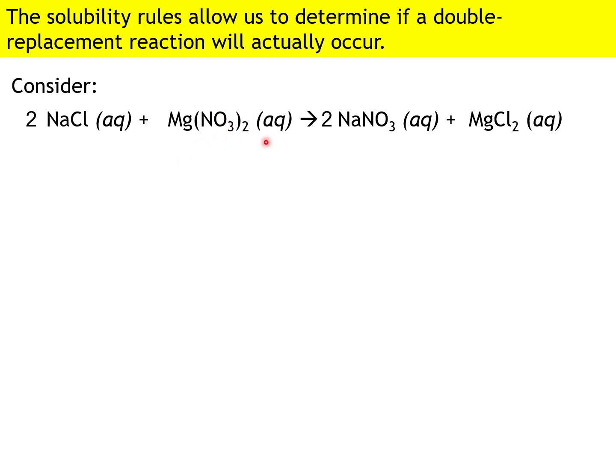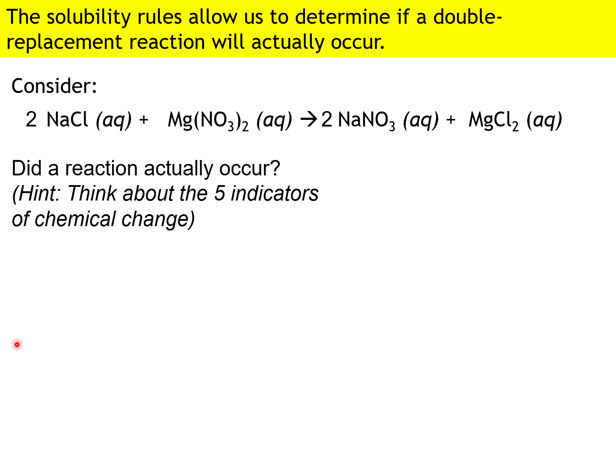Also magnesium nitrate, also solvated ions. We do the cation switch, and now we have aqueous sodium nitrate and aqueous magnesium chloride. There isn't anything that has changed its state. They're all still just solvated ions. So this is a no reaction because there's no change in state.